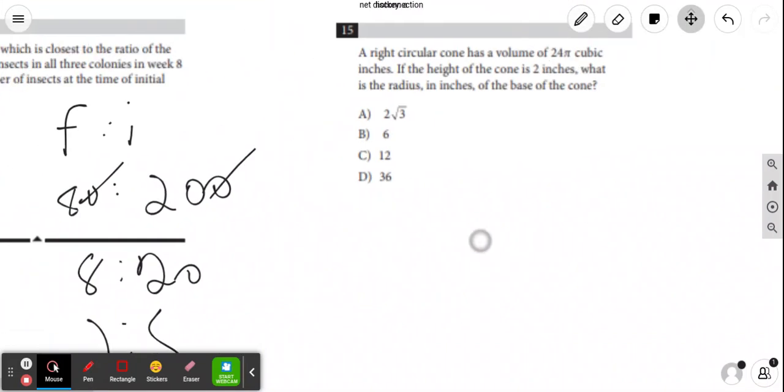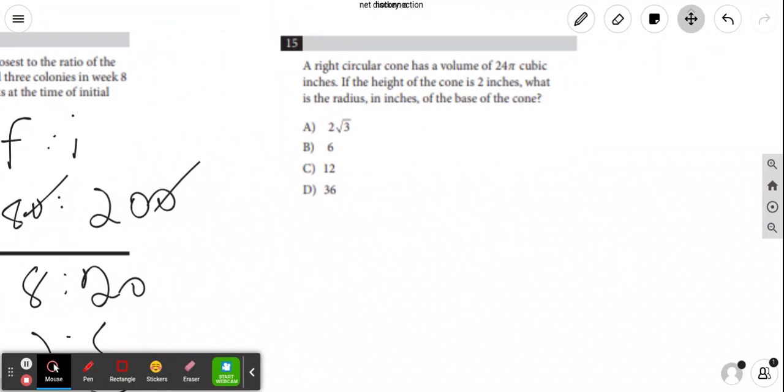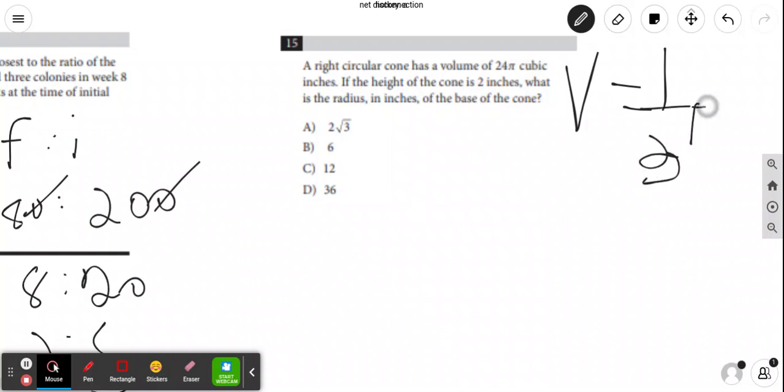Move on. For this one, you need to know the volume of a right circular cone. It's 1/3 pi r squared times height.